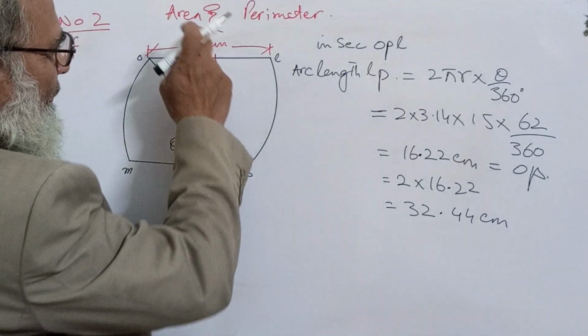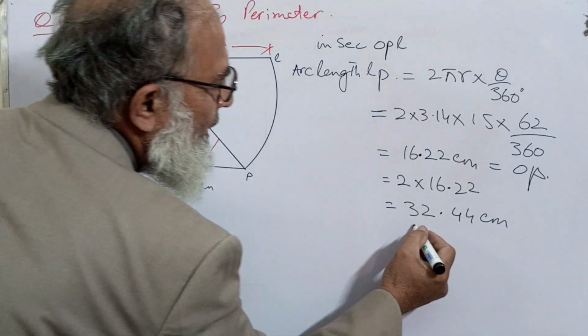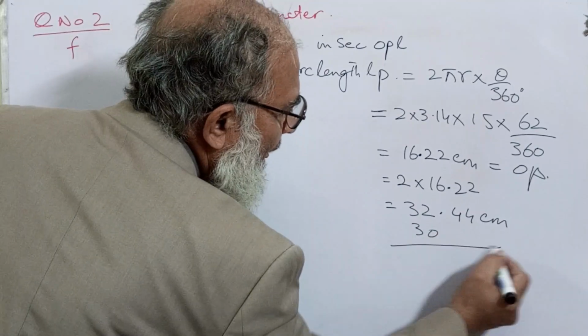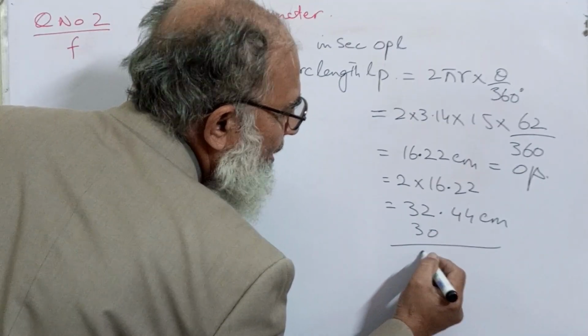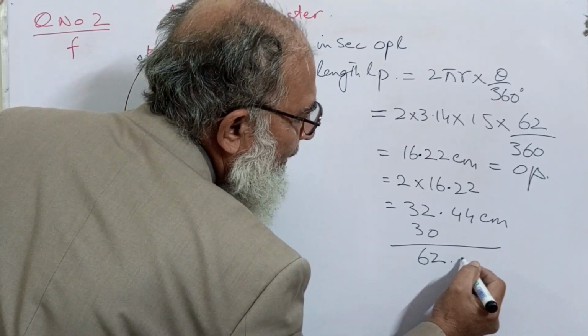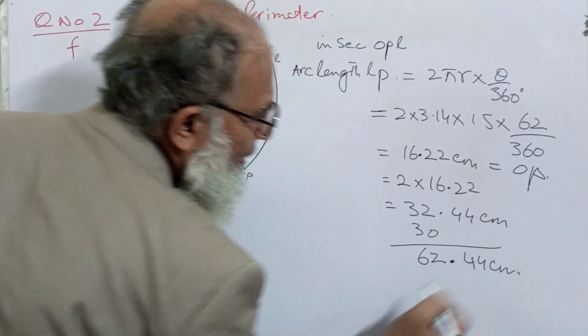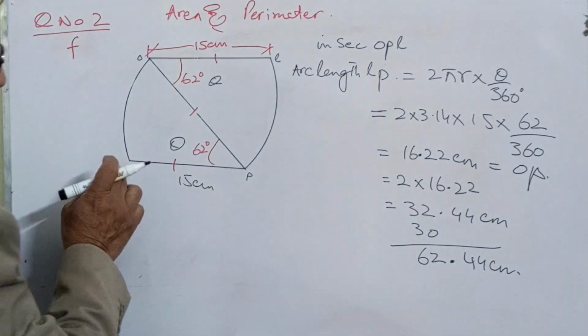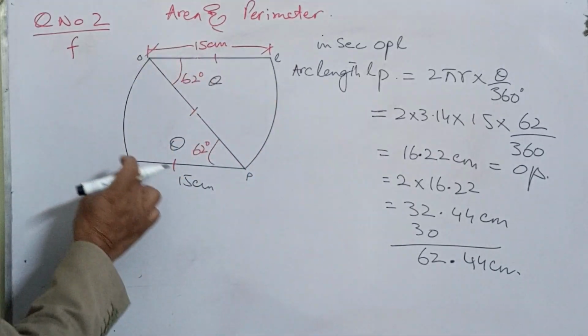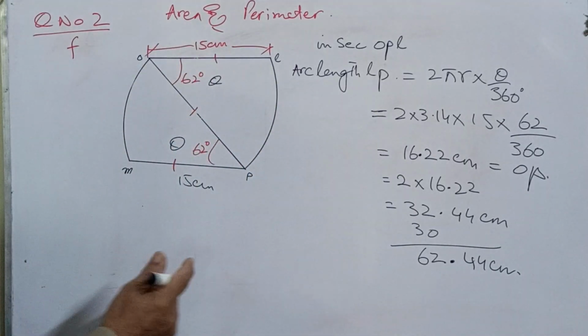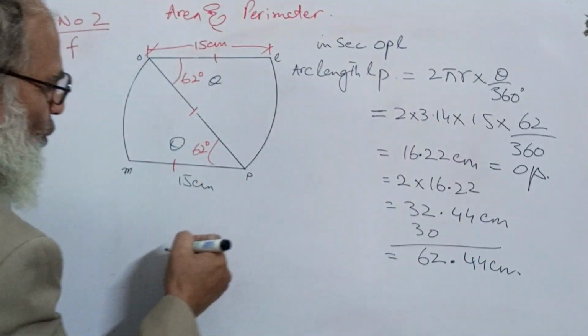So 15 plus 15 is equal to 30. Now it will become 62.44 centimeters. Now this is the perimeter of the whole figure.